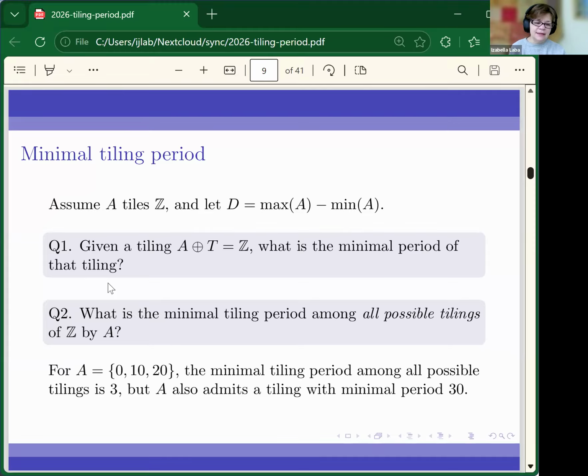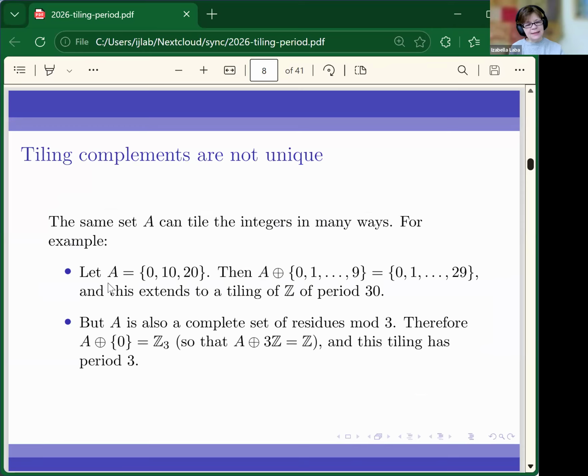So for the set from the last example, if I look at the first tiling of period 30, then 30 is the minimal period of that tiling. I cannot make it smaller. But if I minimize over all possible tilings of the integers by A, then the minimum would be 3.